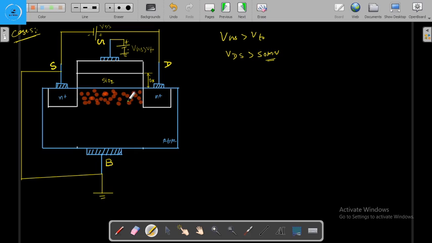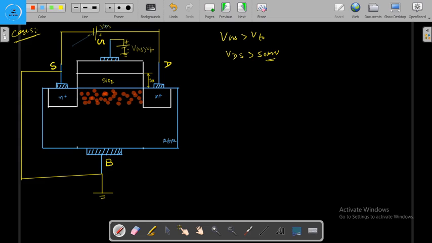Now when the drain voltage is less than 50 millivolt, or is increased by a small amount, the channel is uniform. The channel was uniform when the drain voltage was increased by a small amount.